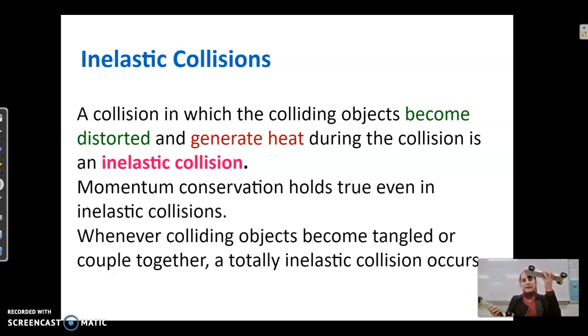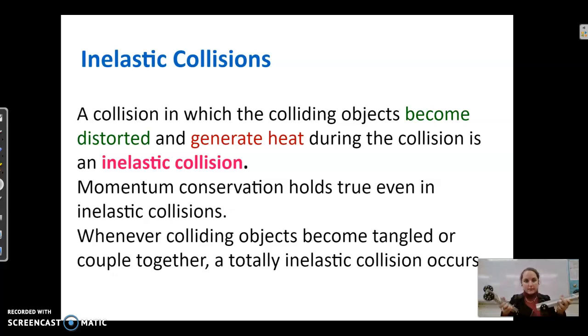So again, if we start out with one cart at rest, the other one is coming into the collision with a certain amount of velocity, what's going to happen is that our carts are going to get distorted or stuck together, and then they're both going to move away with a certain amount of velocity. Basically our masses combine. And this kind of goes back to the distorted part. Our masses combine.